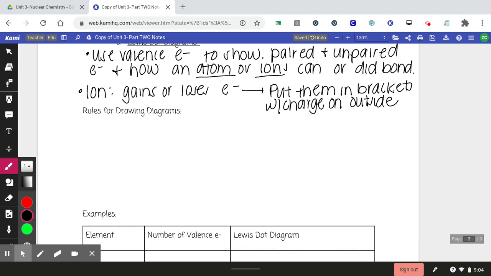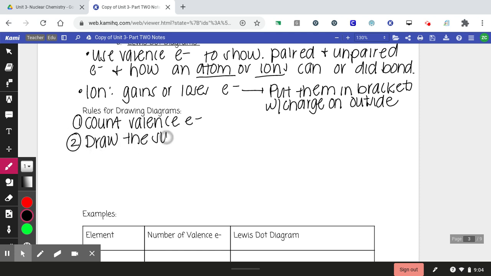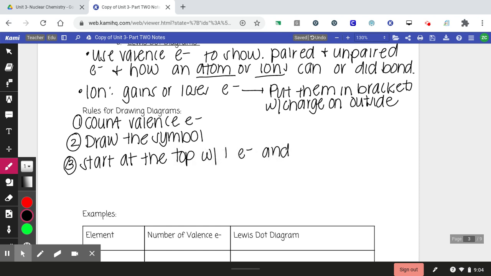Okay, rules for drawing diagrams are pretty simple. First, we're going to count the valence electrons because that's what we need to draw. Second, we're going to draw the symbol of our atom that we're looking at, or ion, and then we're going to start at the top with only 1 electron and move around the symbol with 1 electron at a time.